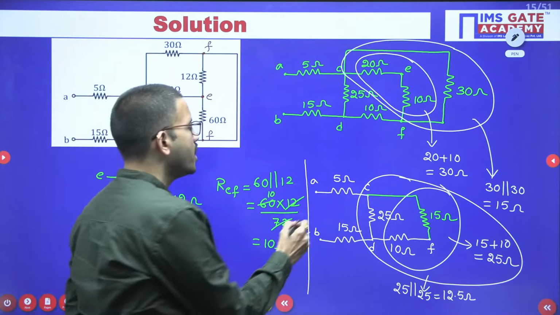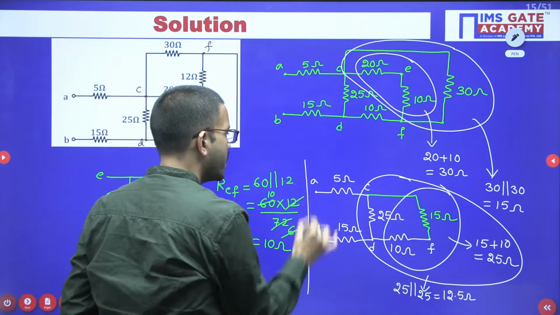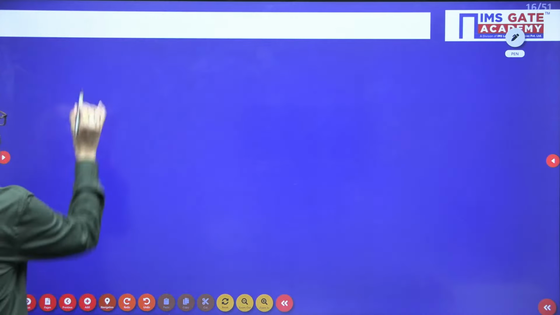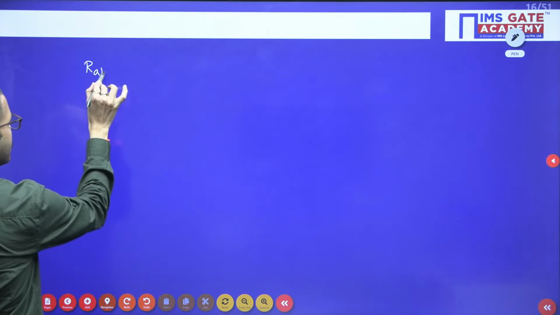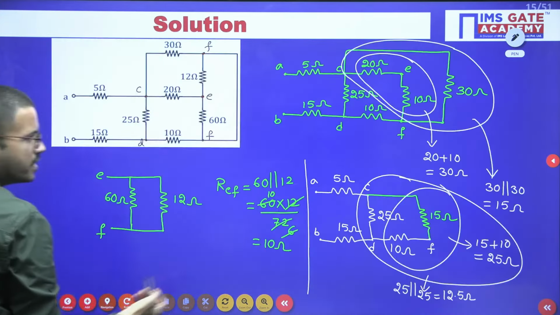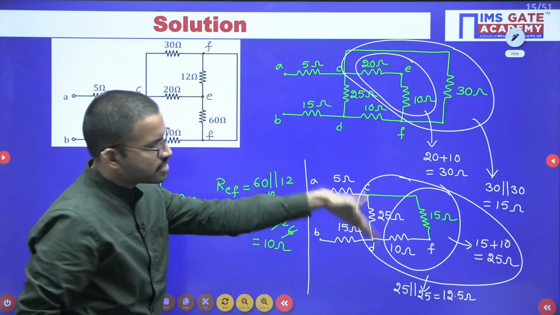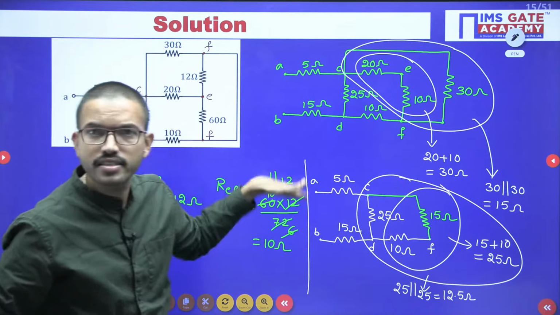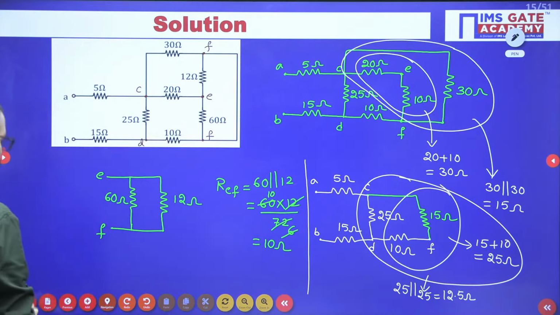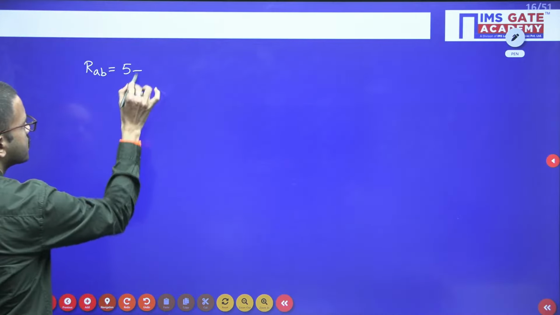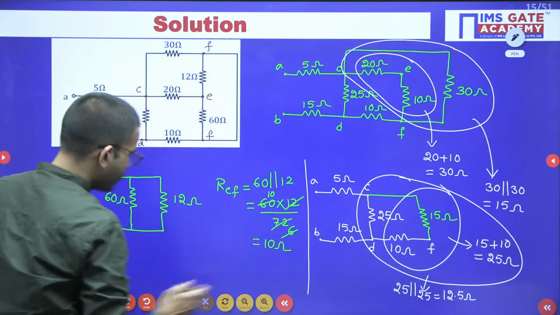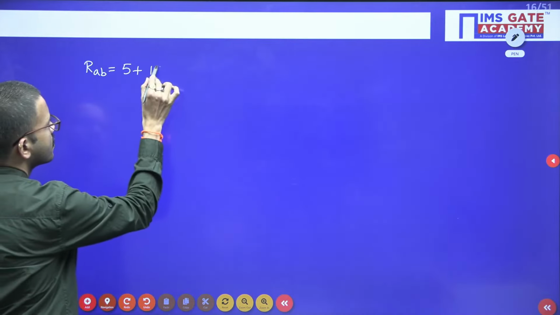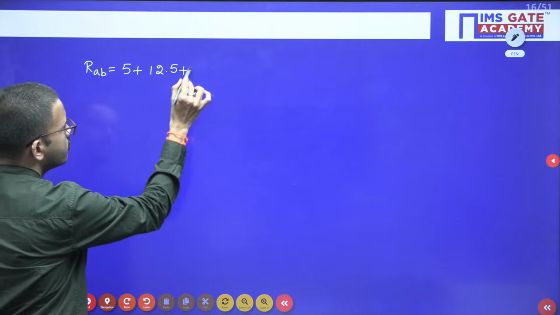Okay, right. Now we have to calculate the equivalent resistance between A and B. So RAB is nothing but the three resistors you finally got, you just have to add them, because all three are connected in series, right? 5 ohm plus 12.5 ohm plus 15 ohm.